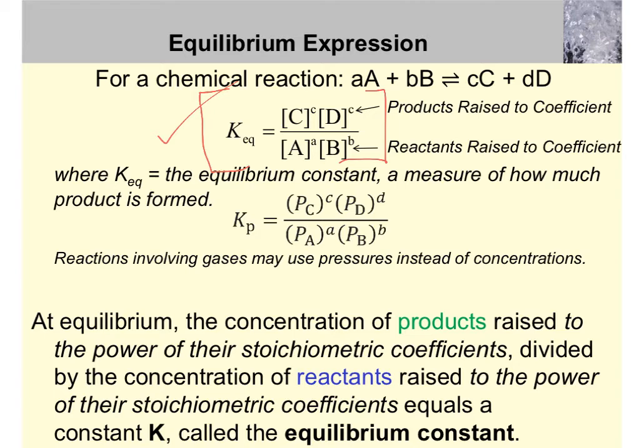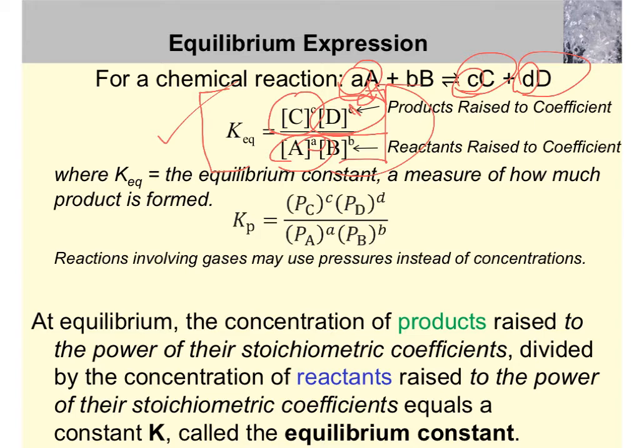It's the concentration of each of the products multiplied by each other, and raised, this should be a little d here, to the exponent that equals their coefficient, divided by the concentration of each of the reactants. Again, the coefficients in the balanced reaction become exponents.